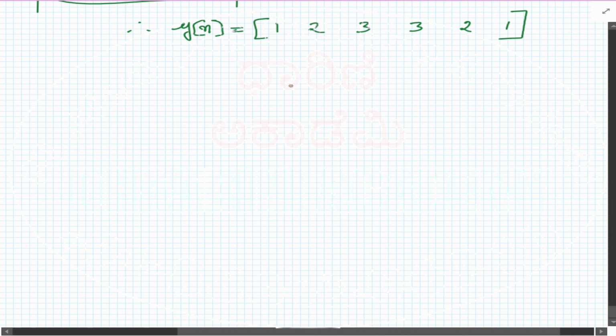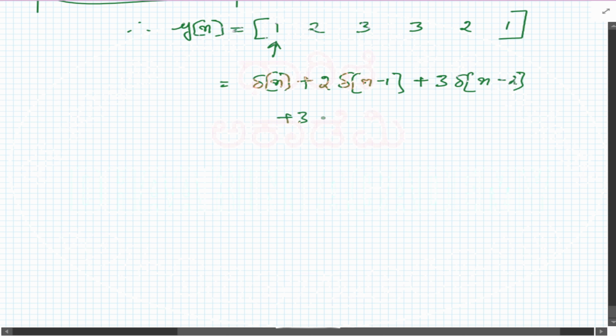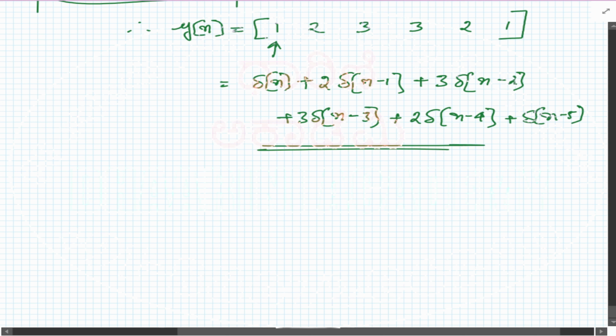Now you can see that this is equal to first sample, this is delta of n, plus next sample 2 times delta of n minus 1, next sample 3 times delta of n minus 2 plus 3 times delta of n minus 3 plus 2 times delta of n minus 4 plus 1 times delta of n minus 5. You see that it's coming in the same way we expected.